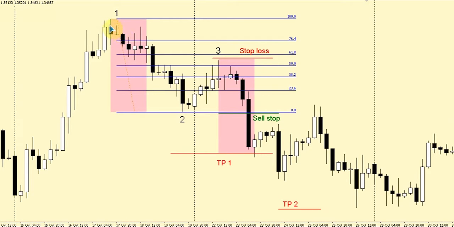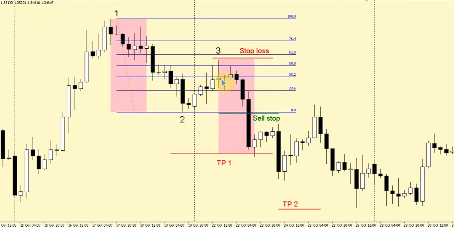After this rollback is formed, point 2, that is a certain minimum from which the price tries to go up, but it fails to rewrite the maximum, and in this case we already have point 3, from which the price is heading down.